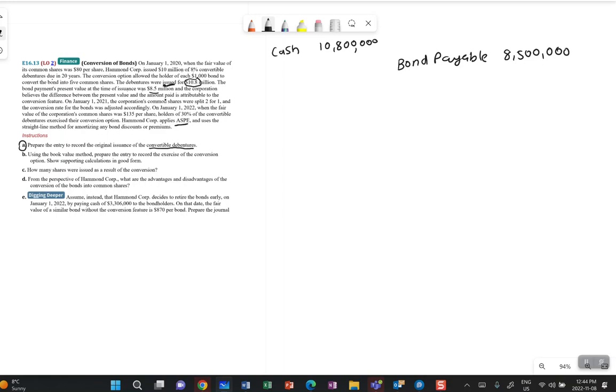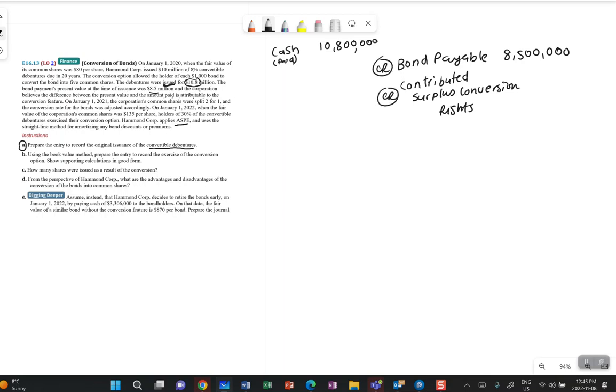And they're saying the difference between the present value and the amount paid is attributed to the conversion portion. So this is the amount they paid to us, and then this is the bond value. The difference between the two is our contributed surplus, conversion rights.